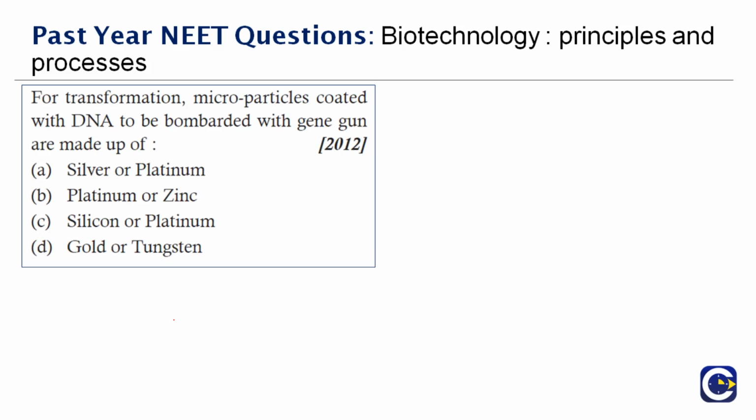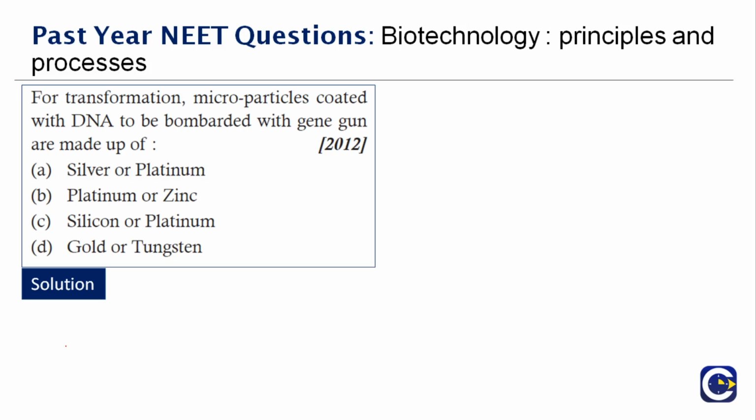Next question here. For transformation, microparticles coated with DNA to be bombarded with a gene gun are made up of dash. This is a direct question. It is for gene transfer into the host cell without using a vector. Where you don't use any vector, any source or any resource from outside, you will directly bombard it into the target cell.